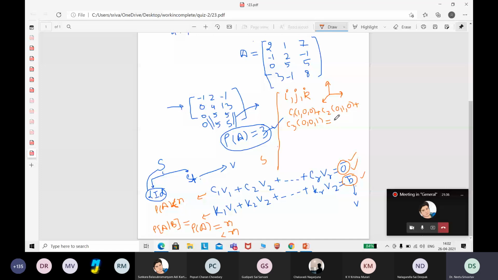So when you try simplifying this, what will you get? You will get C1, C2, C3, 0, right? Similarly, when you write the other condition, which has to be equated to B, so when you equate to the components of B, B1, B2, B3, then C1, C2, C3 will come as B1, B2, B3 only. Am I right or not?